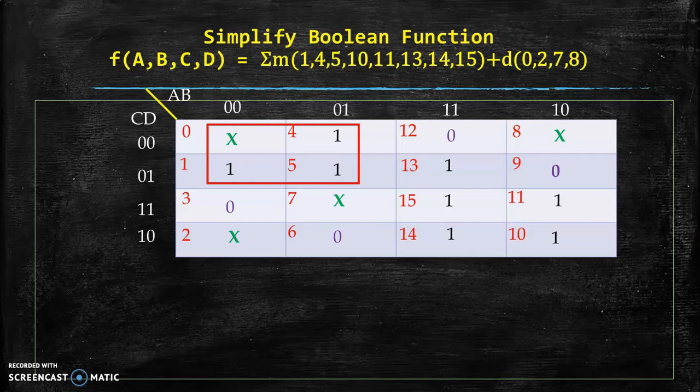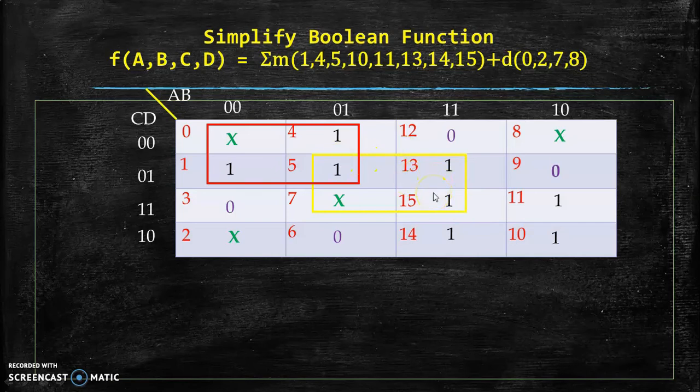First, we have prepared one quad. In cells 1, 4 and 5, we have given minterms, so ones are available. We have used one don't care condition from cell 0 to prepare a complete quad. Then we have another quad for cells 5, 13 and 15.